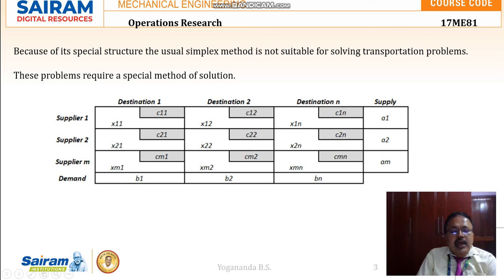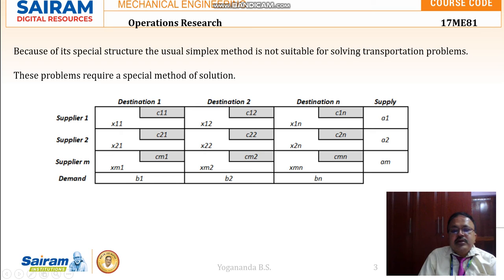After the table, the last row is demand. This particular warehouse or showroom number 1 requires B1 number of units. Destination 2 requires B2 number of units. Like this, the last destination requires Bn number of units.